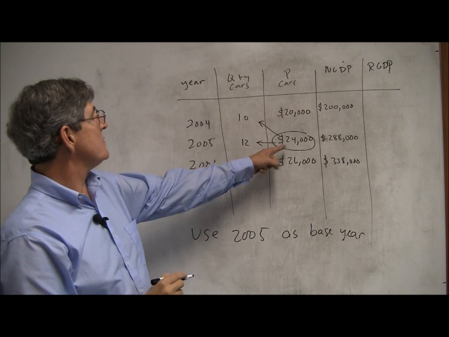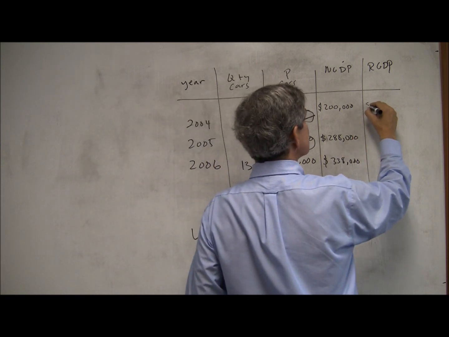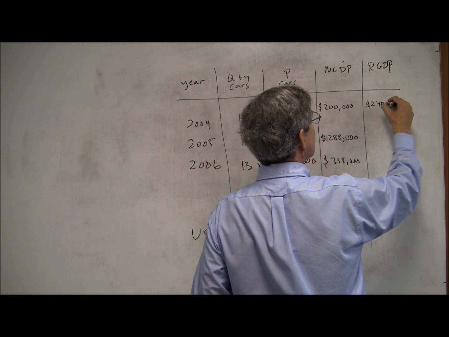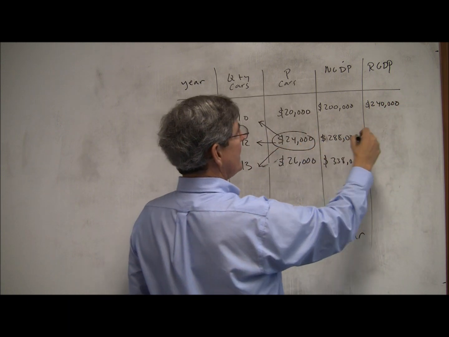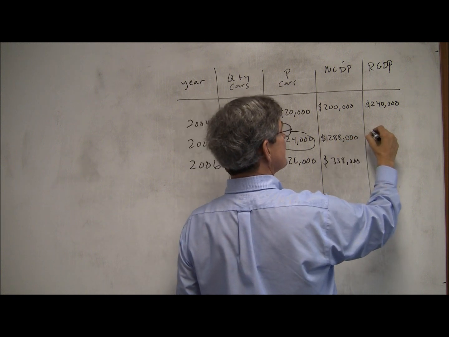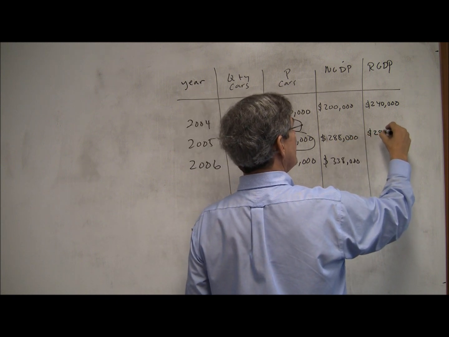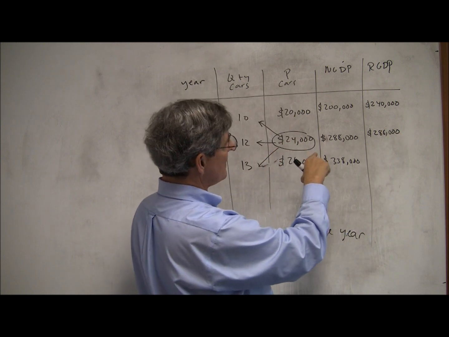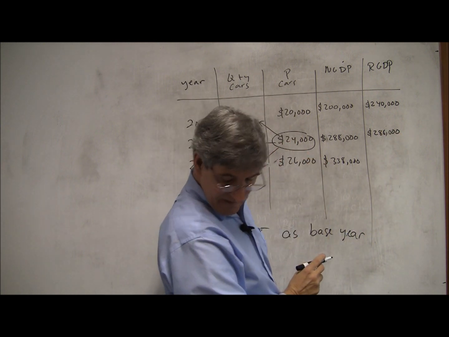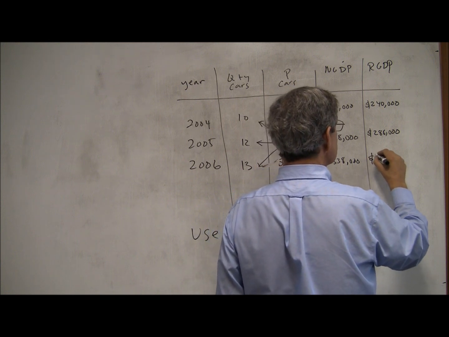So 10 times 24 will be 240,000. 12 times 24, again, since this is the base year, it's going to be the same, 288,000. And this will be 13 times 24, which is 312,000.